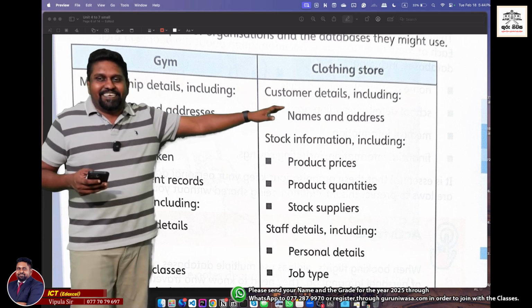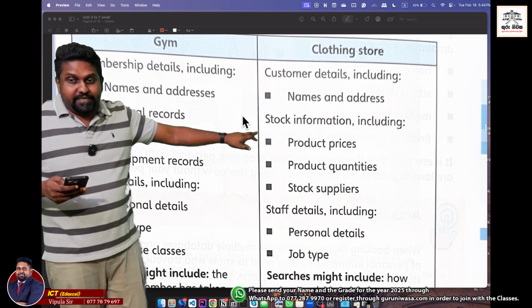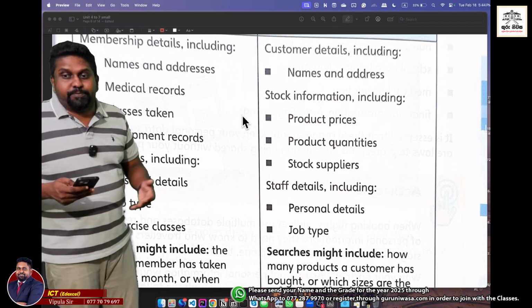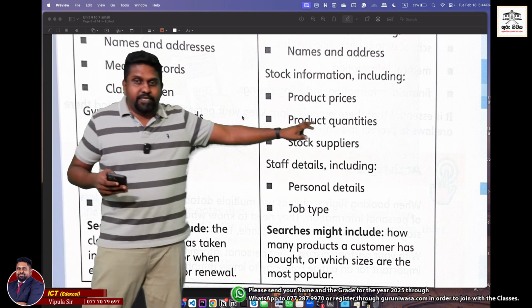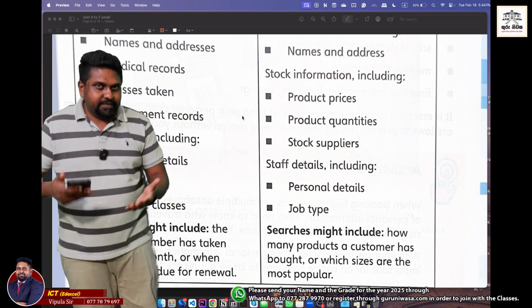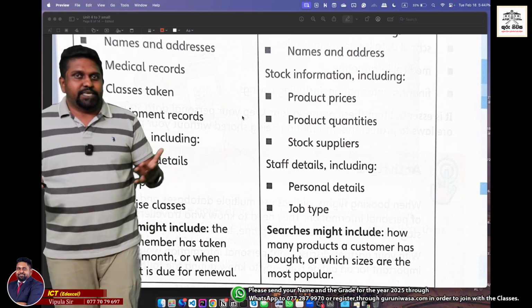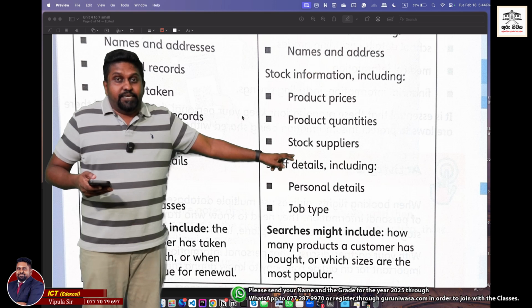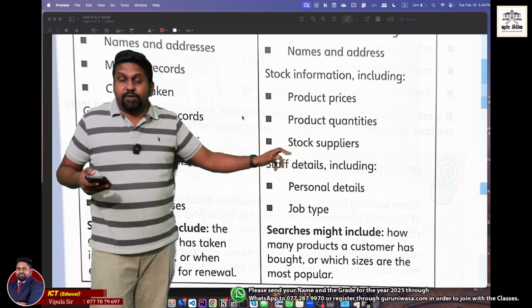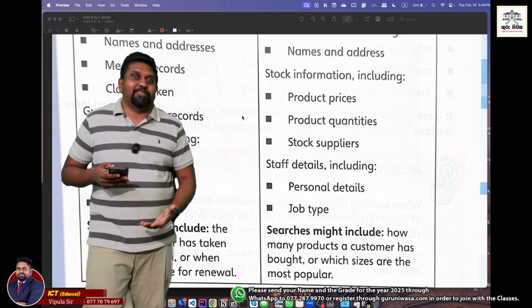So based on that, name and address, then primary details, stocks, so the product prices, how many products are there, so the product quantity means how many items of that product are there. Let's say if it's a t-shirt, how many t-shirts are there? Right? Then stock suppliers. Stock suppliers means who is supplying the stock.